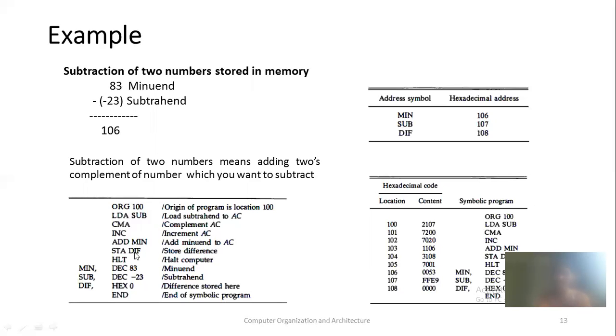Your result is now in the accumulator, and then you store it at the DIF location. Decimal 83 and decimal minus 23 are your operands for the label names and SUB. In this way you can do simple addition and subtraction operations.